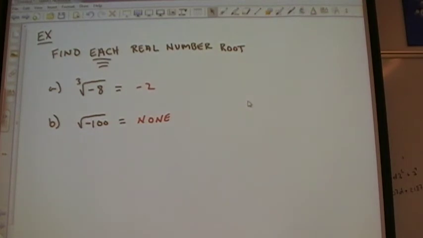The square root of -100, there is no real number root. Okay? Because it's the even root of a negative number. Now, if that word real was not up there, what would be your answer? 10i. Plus or minus 10i. Because it's even.